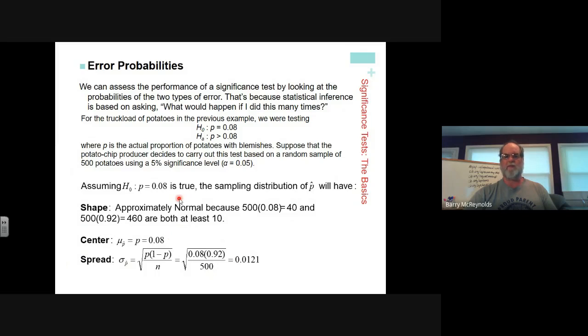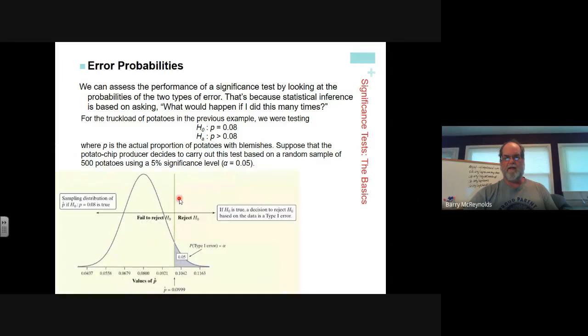So we did that calculation, and then we looked at this graph, and we said type 1 error is the probability that when the true proportion is 0.8, that our p-hat value, which we calculated, if that p-hat value is greater than 0.0999, if that p-hat value is greater than this particular value, we're going to land in this type 1 error region, and we would reject the null hypothesis even if we weren't supposed to.